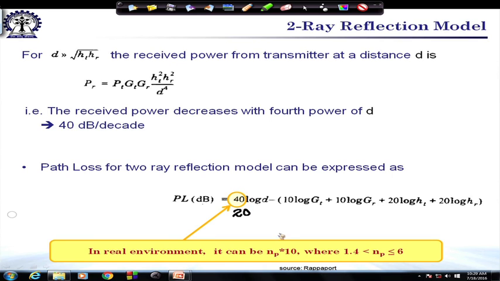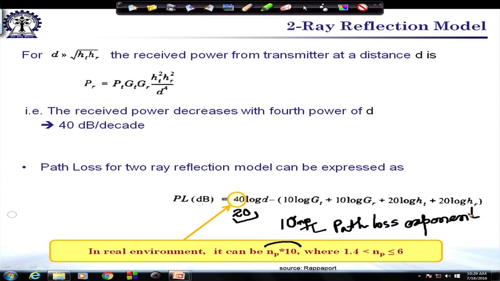In real environments, you can represent these numbers as shown over here, NP multiplied by 10, or we generally write 10 NP, where NP is the path loss exponent, and it lies anywhere in the range of 1.4 to 6.